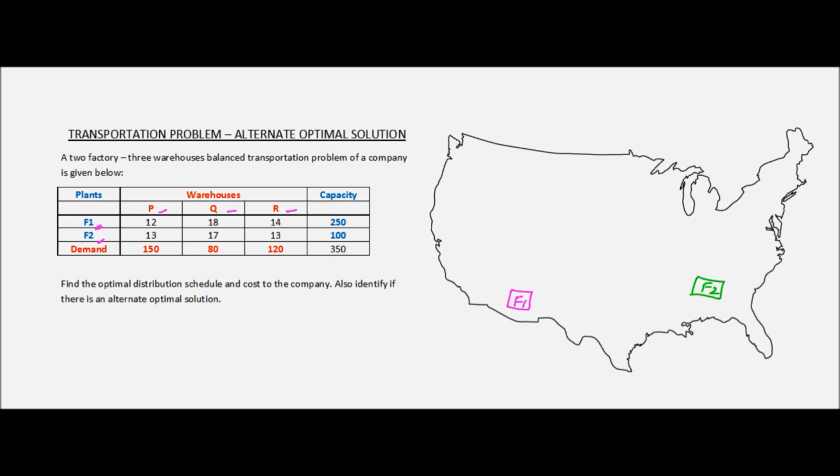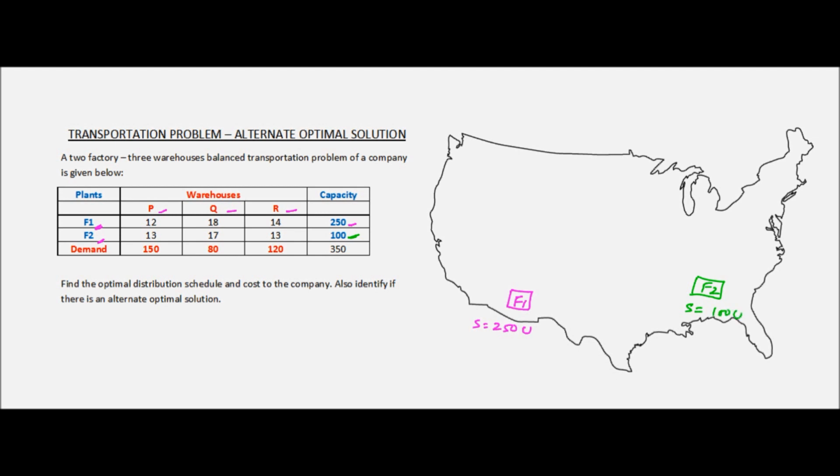Now F1 has a supply capacity of 250 units, while F2 has a supply capacity of 100 units.